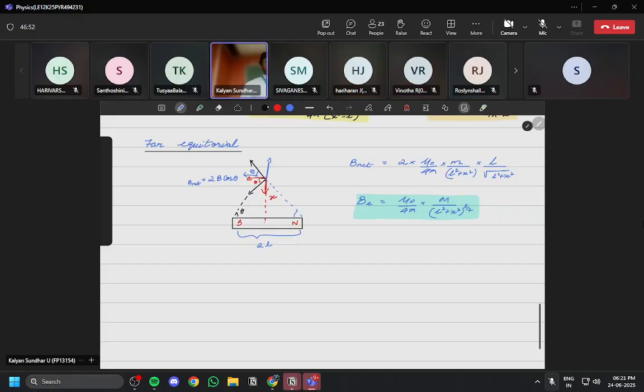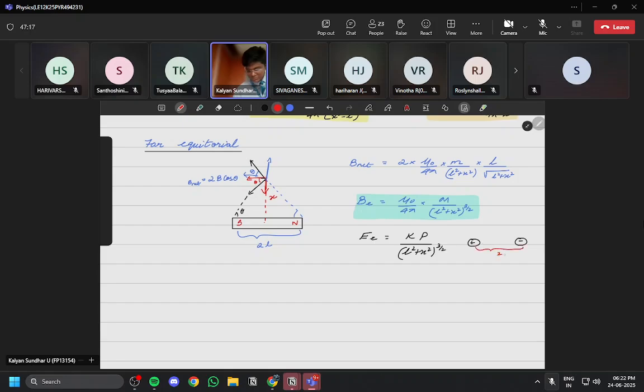Now what about the electric field? How would the electric field have been? Electric field at the equatorial point due to a dipole will be k p divided by L square plus x square whole power, the same 3/2 will come. K is nothing but your 1/4 pi epsilon naught value. So positive, negative.